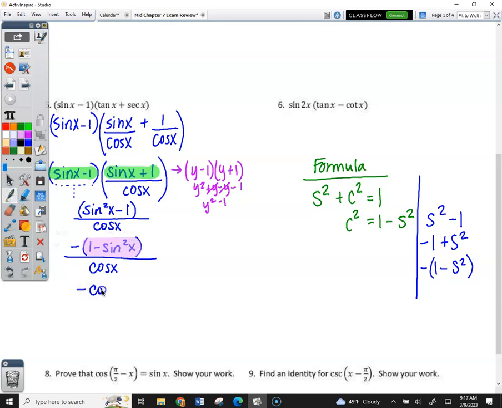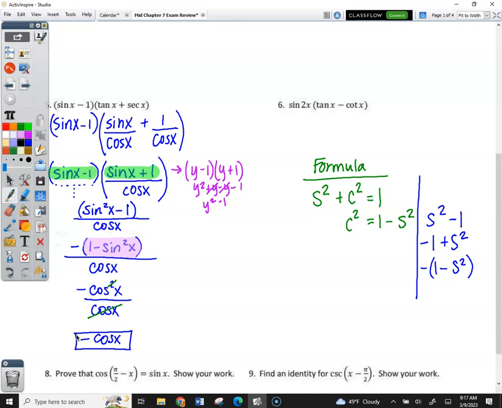So that's negative cosine squared, still over cosine. And what happens? This one takes 1 away, so we end up with negative cosine x.